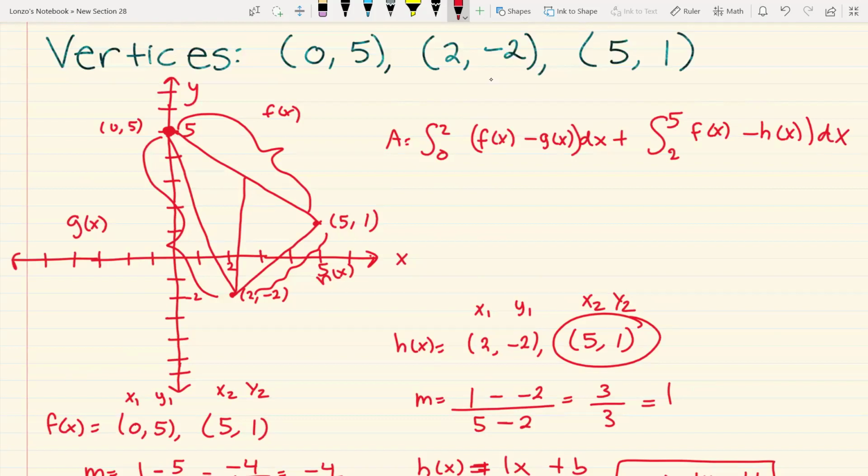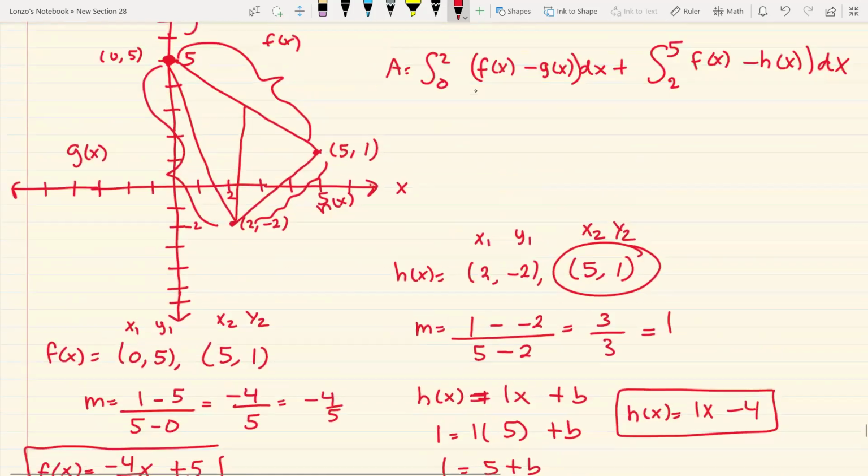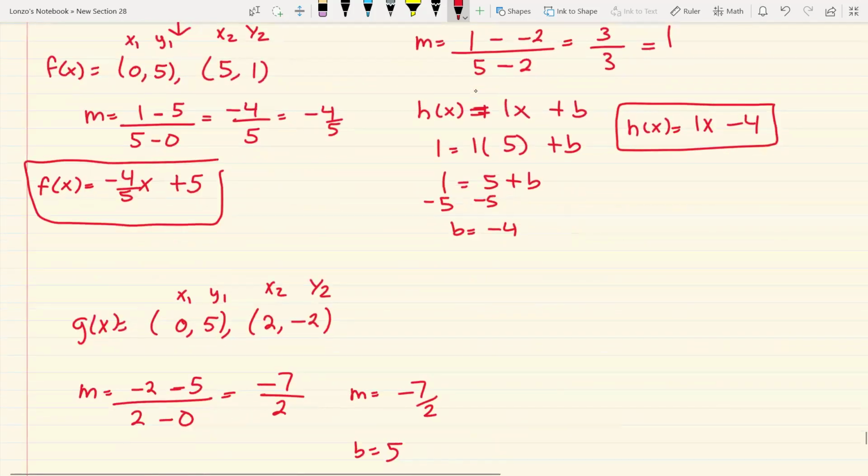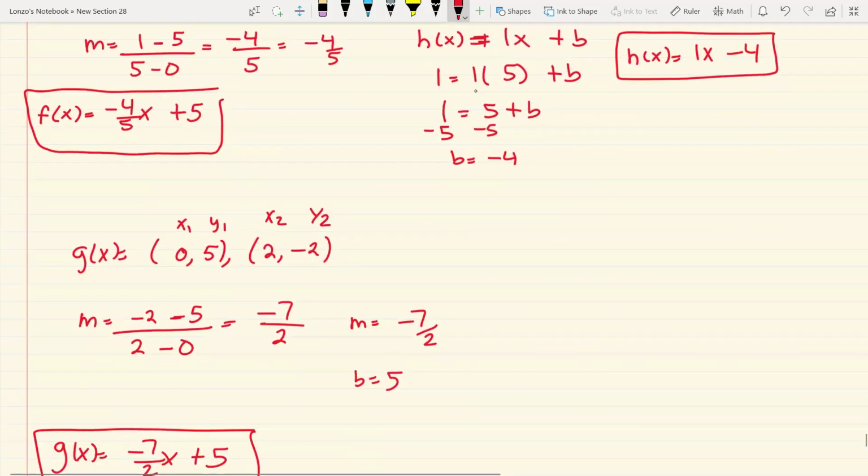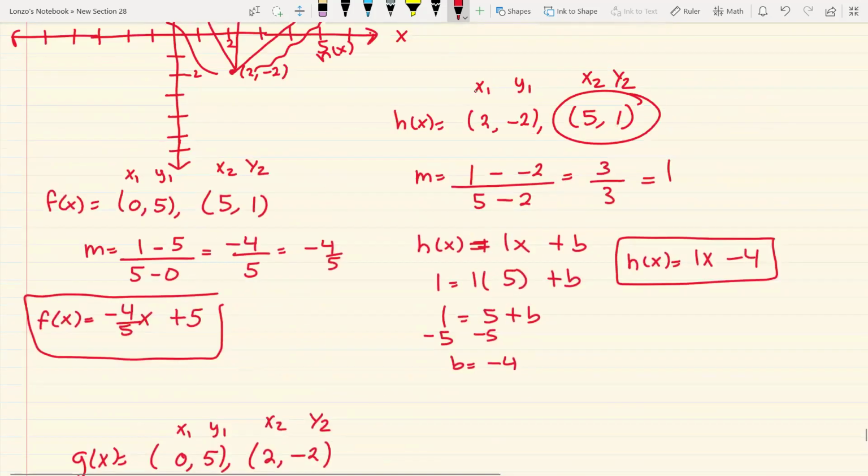Okay. So f of x, this is why we found the original line, is negative 4/5 x plus 5 minus g of x, which is negative 7/2 x plus 5.